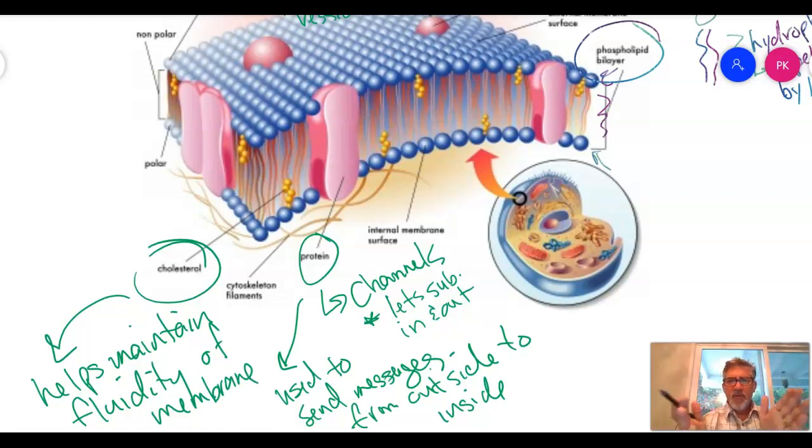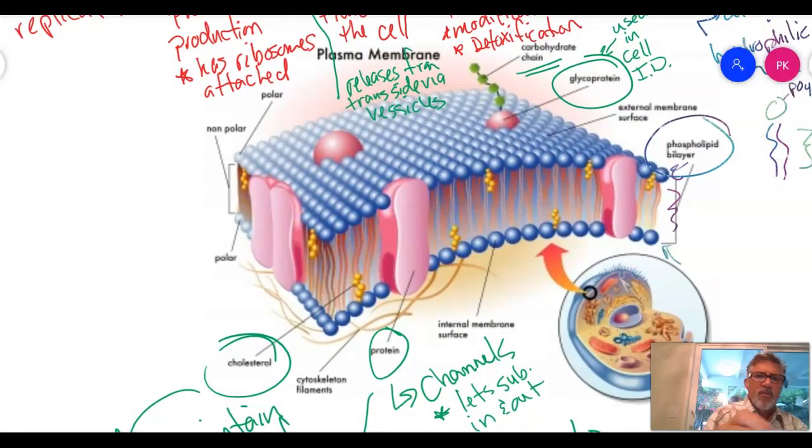So if all of these were saturated fats, they would pack really tightly, and nothing would get in or out. So it makes it kind of fluid, because what we say is this right here. Get my pen working again. There we go.